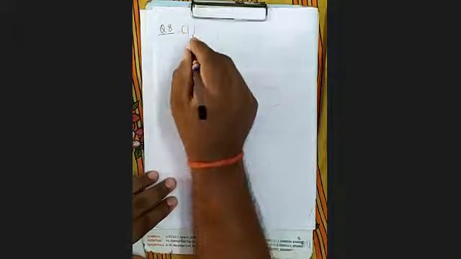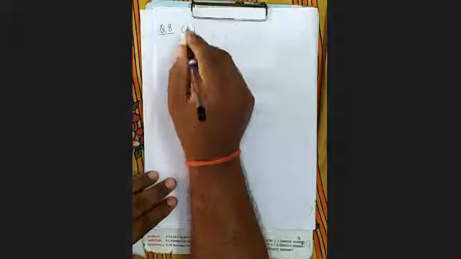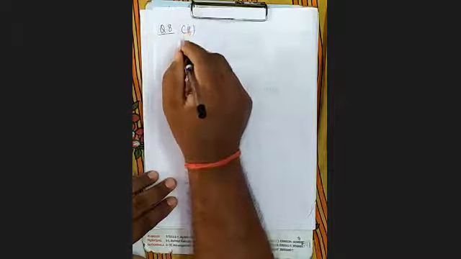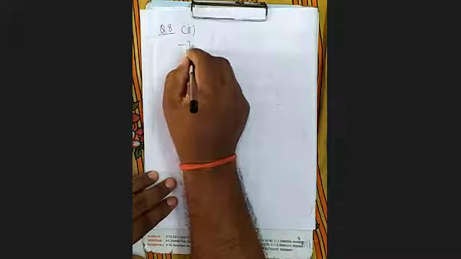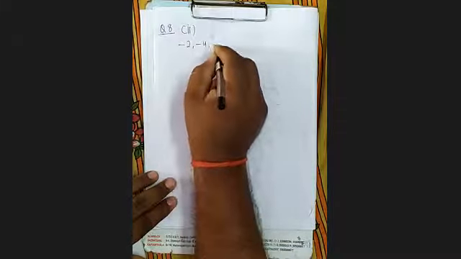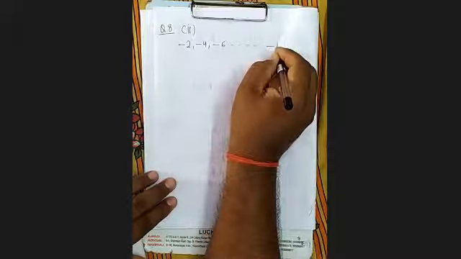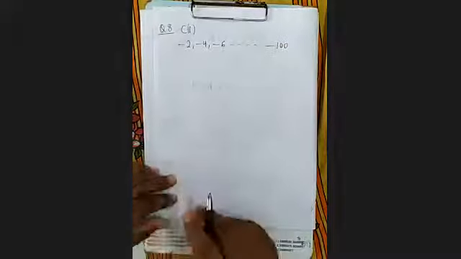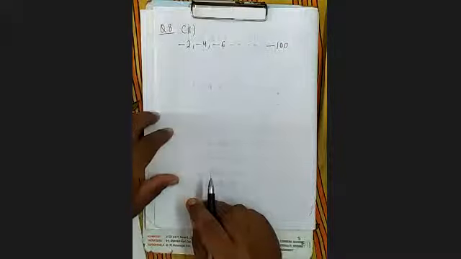So first you write down. हम क्या कर रहे हैं? Second part कर रहे हैं. Find the 12th term from the end of the AP: minus 2, minus 4. Already given in the question that this series of numbers is an AP.